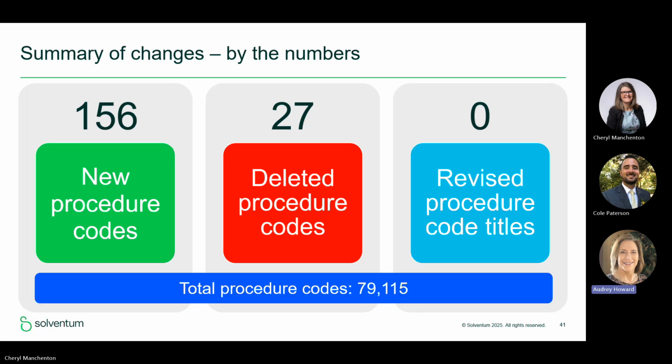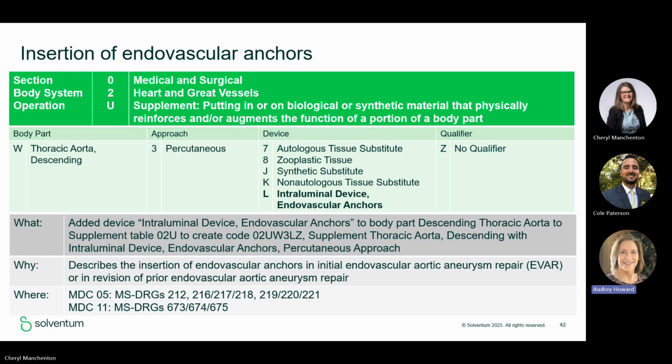So as we go on, you'll see, first of all, the first procedure of discussion is the creation of a code which describes the insertion of endovascular anchors in initial endovascular aortic aneurysm repair, or the EVAR, or in a revision of the prior endovascular aortic aneurysm repair.